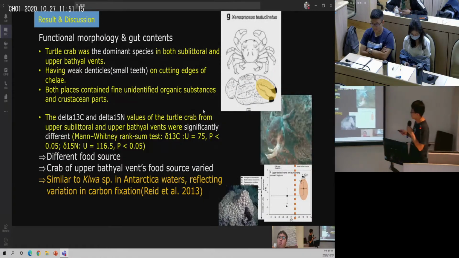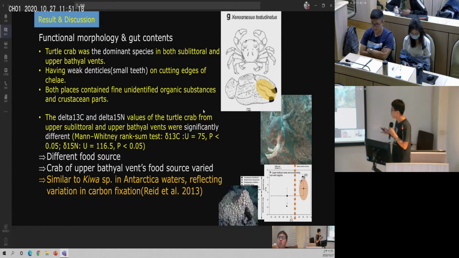And we have to discuss the turtle crab. For the turtle crab, in different isotope values, we can conclude there are different food sources.